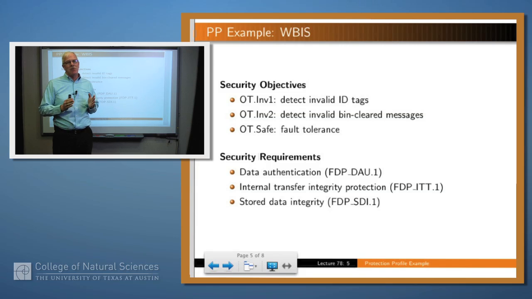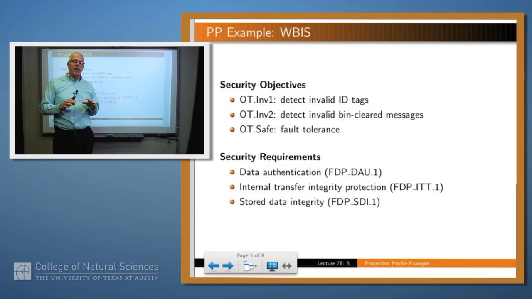This is the description of security for this class of products. And so you're not saying what particular mechanisms are in a particular system because there isn't one. You're saying what general classes of mechanisms you need to worry about for systems of this type. And so the security requirements here are broad security requirements: data authentication, internal transfer integrity protection, and stored data integrity.